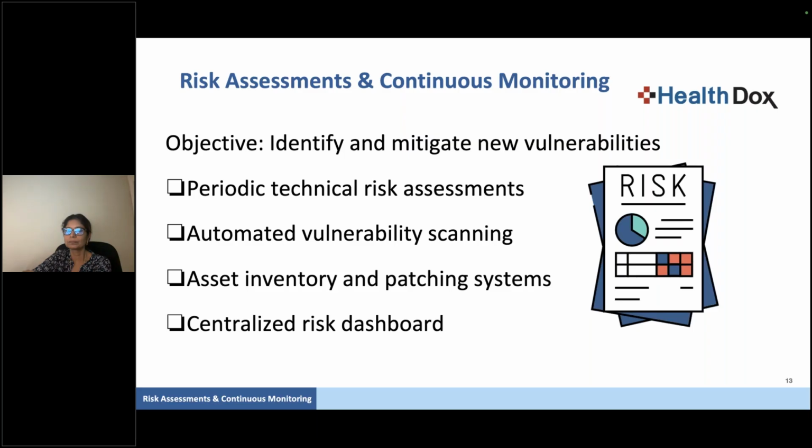I cannot say just do continuous monitoring and don't do the formal risk assessment. No, you should do both. With both hand in hand, we can achieve the results, so that we are always aware of our risk posture. That's why we can immediately remediate issues even before they become compliance violations or gaps.